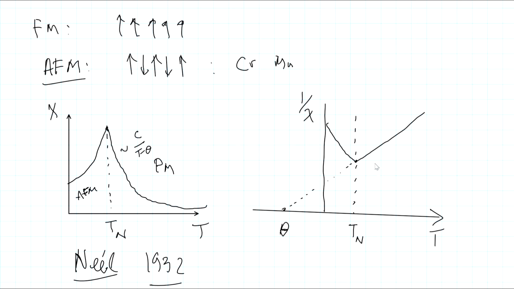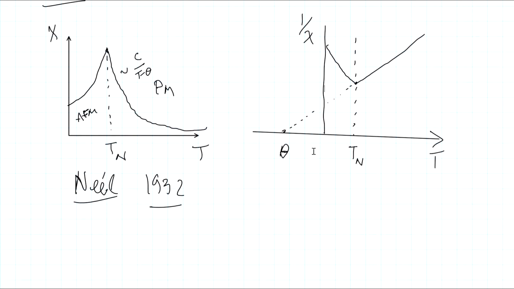So if you write down the Curie-Weiss law for this case, with a negative Curie temperature, we'll write it down this way. So that would be susceptibility equal to constant divided by T plus theta. So plus here implies that we have T minus negative theta. So we'll use just an absolute value for Curie temperature. And in this case, it's important to understand that this value theta is negative.